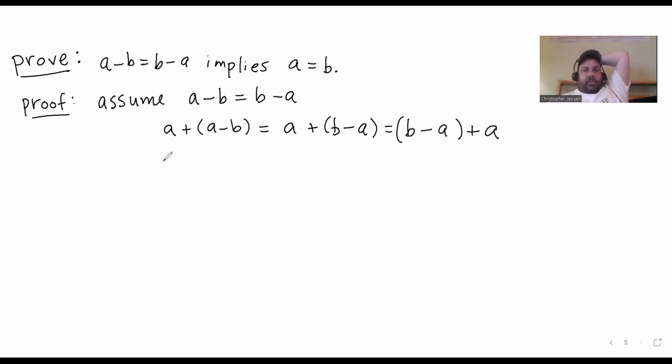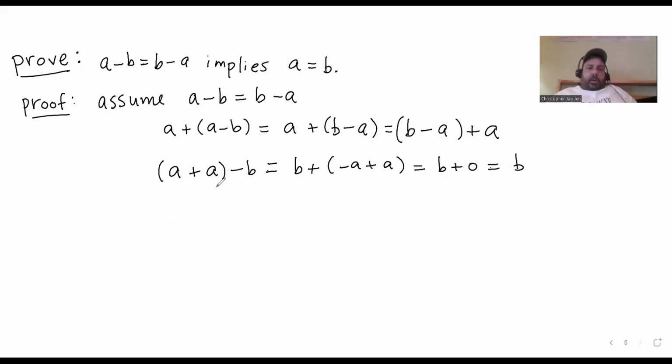Then I can use the associative law on the left-hand side. And on the right-hand side, I can use associativity again. So here you get minus A plus A. Remember, minus A plus A is 0. So on the right-hand side, we just get B.